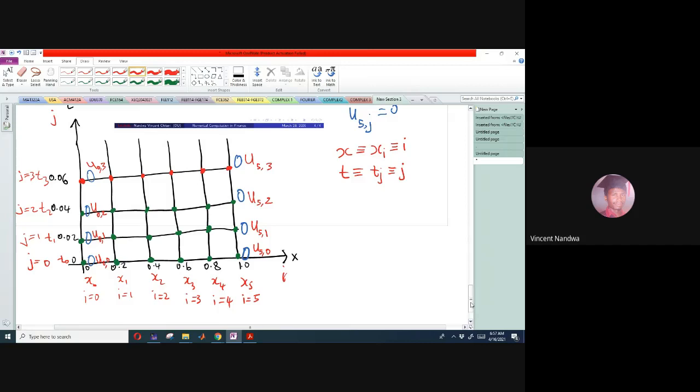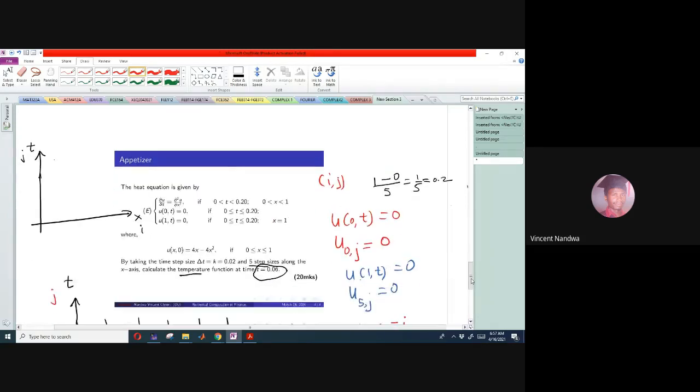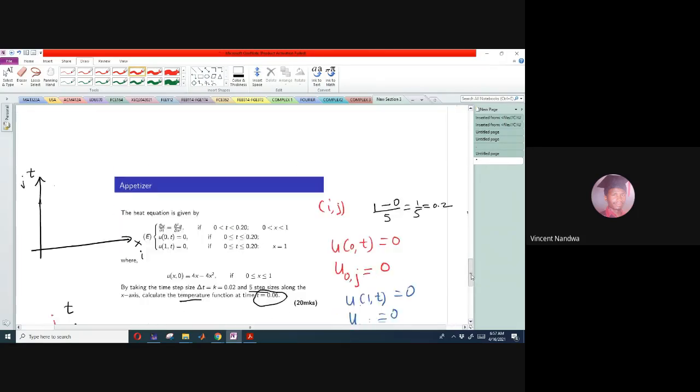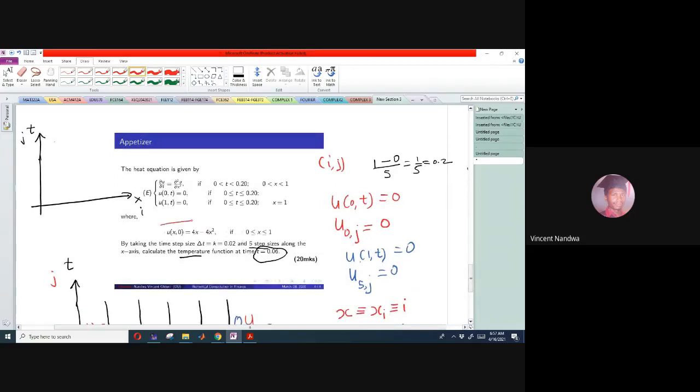Now, these middle values we will use the equation, this scheme which defines the solution for any value along the j plus 1 row for this problem, and then the initial condition given by this condition here.